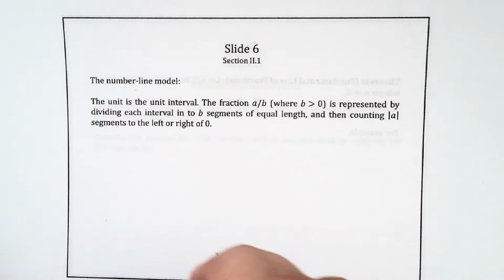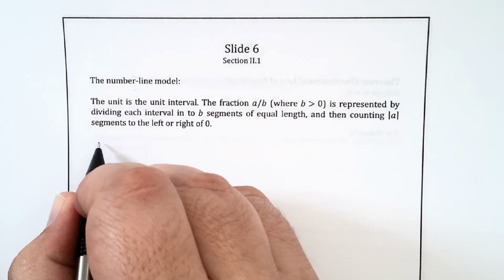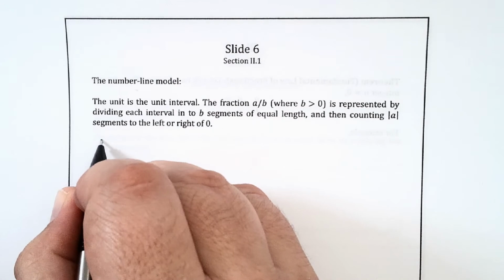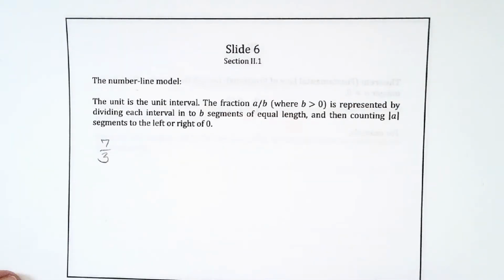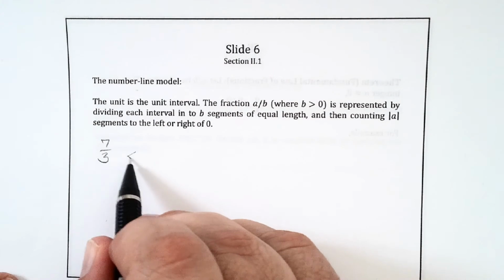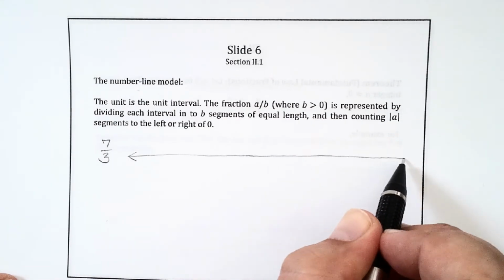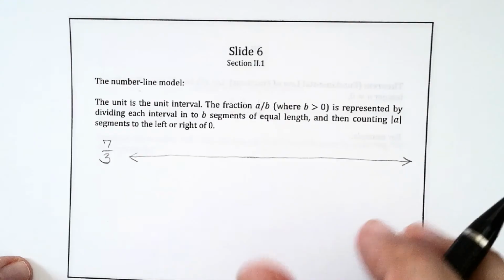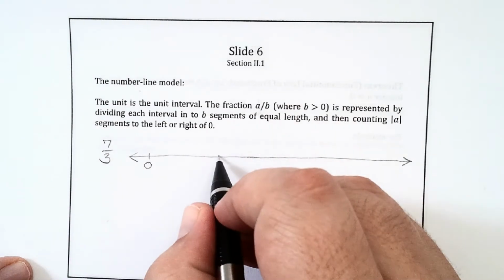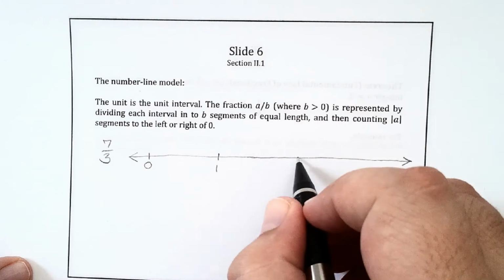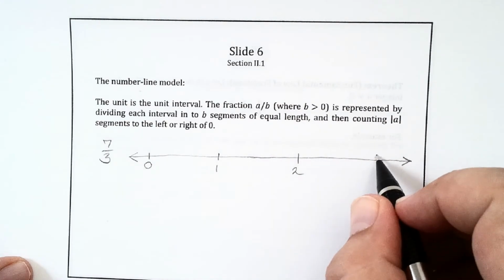So for example, if I want to illustrate, let's say, 7/3, then I start with the number line with the integers marked out on it. This is going to have to go up to 3 perhaps.